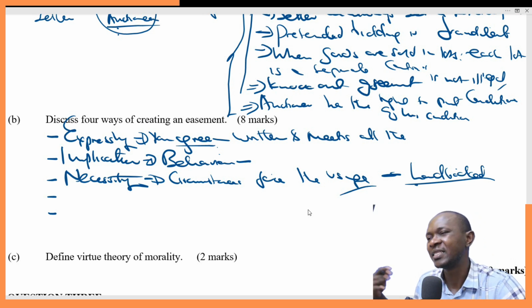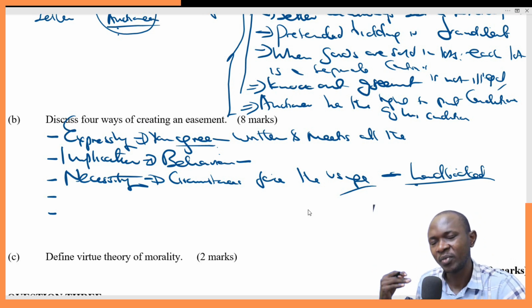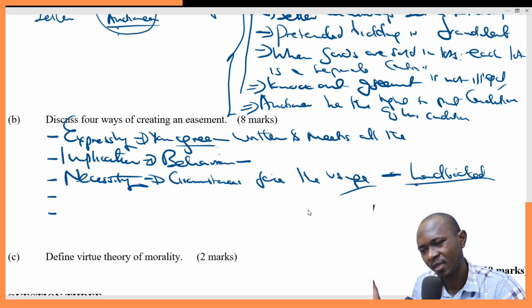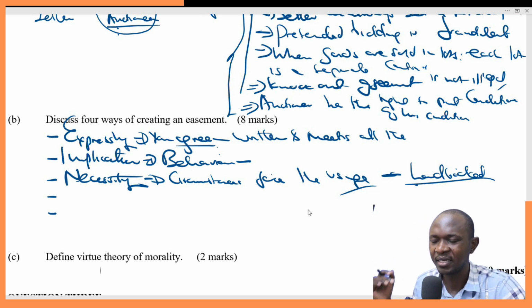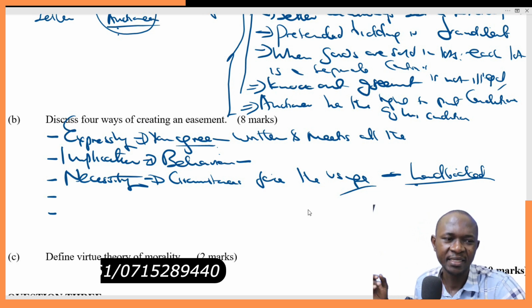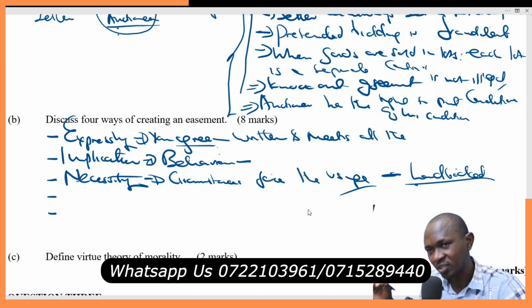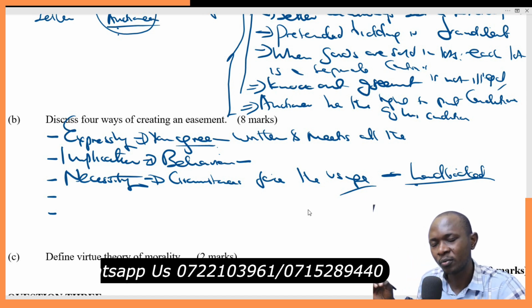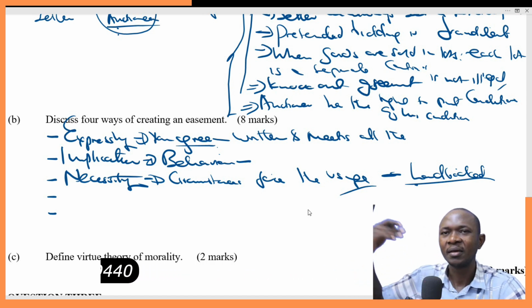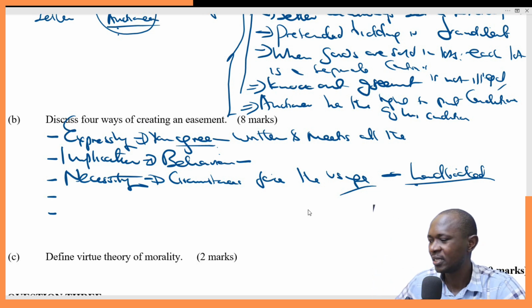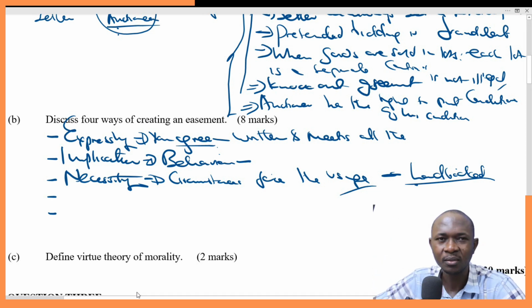We say that we have created an easement by necessity. Necessity is when something happens that forces you to go out of your way and use or interfere with another person's property just for the sake of ensuring maybe something bad doesn't happen or something good happens, or something that was mandatory, very important that you do.